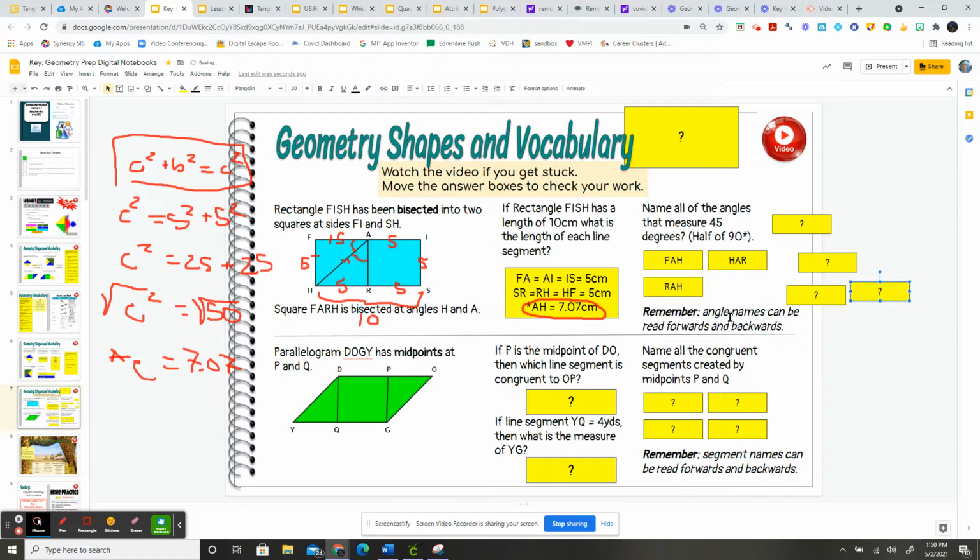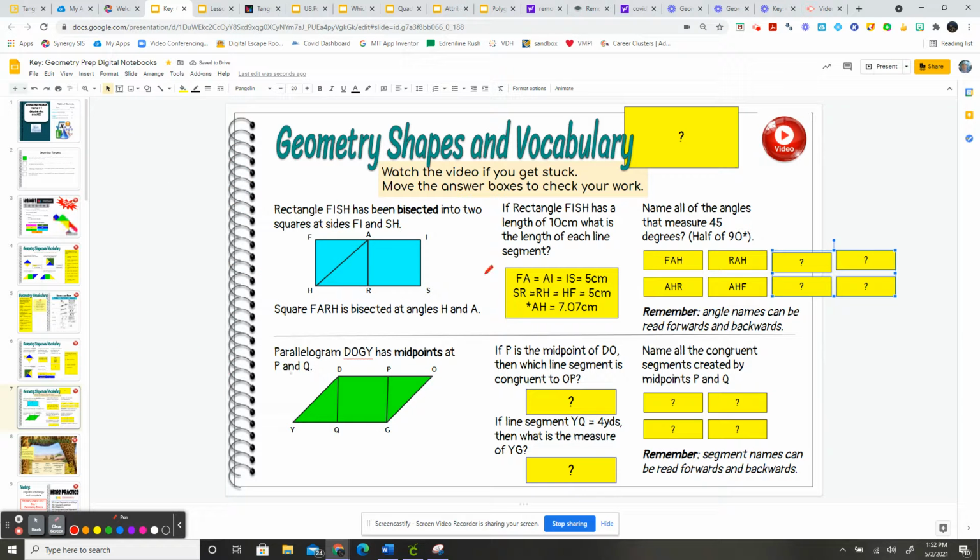Let's see where we went wrong. So guys, I was able to fix this, I think. Let's make sure we've got all of these correct. So let's erase all of this stuff for us. And let's check. FAH.